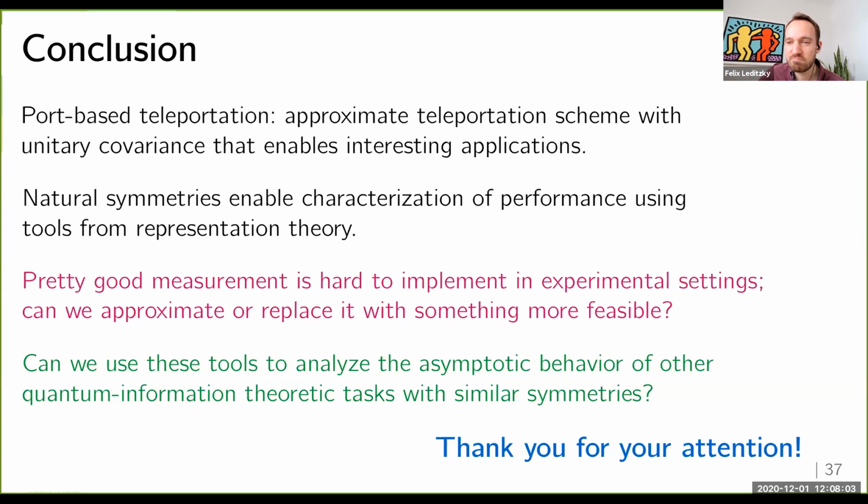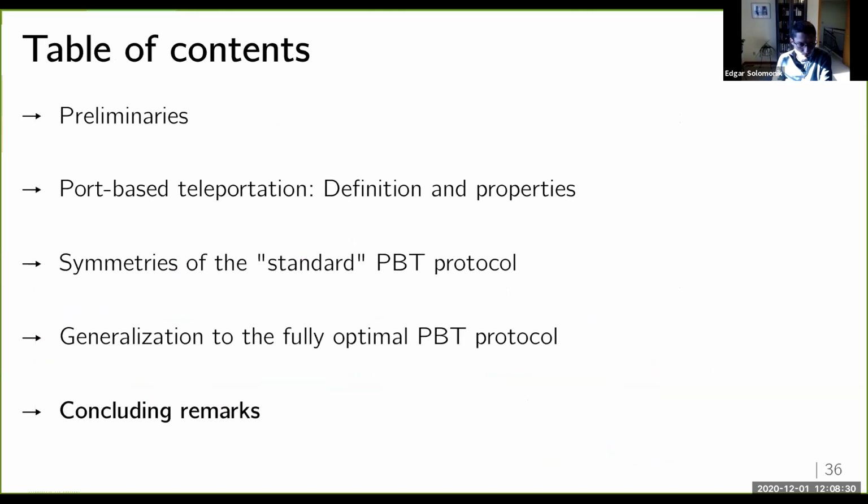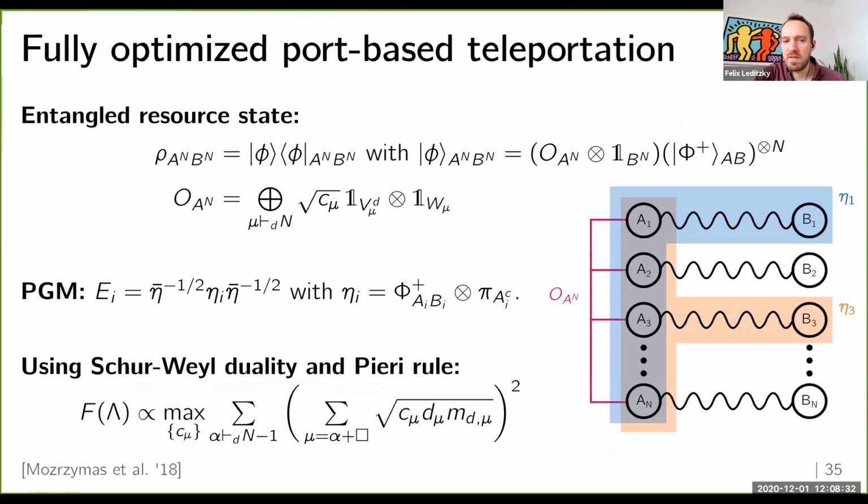Thanks. I guess I had a quick question. I wasn't sure if I caught the fidelity result correctly. If we increase the number of copies, the number of ports, by one, we get two more digits of accuracy in terms of fidelity. Is that the right way to interpret the n to the -2 dependence on fidelity, or is n something different? No, the n is the number of ports.